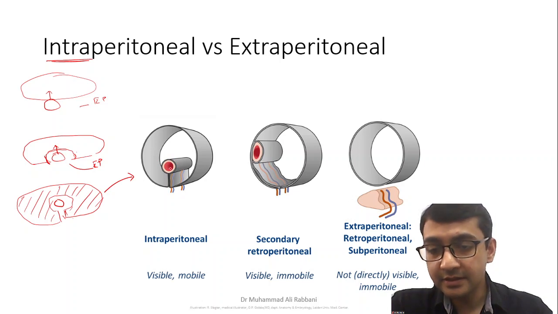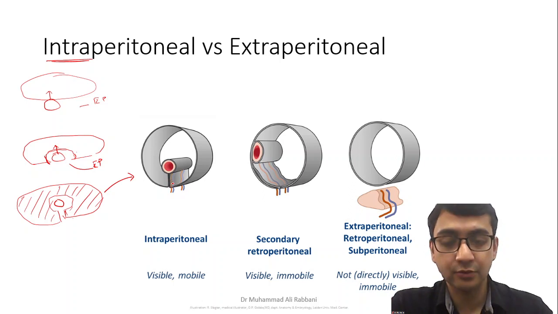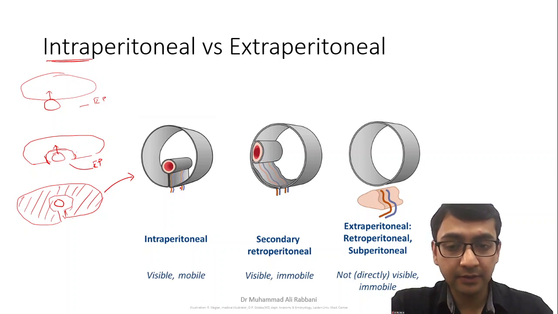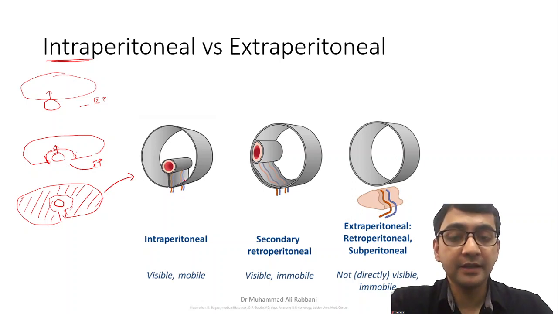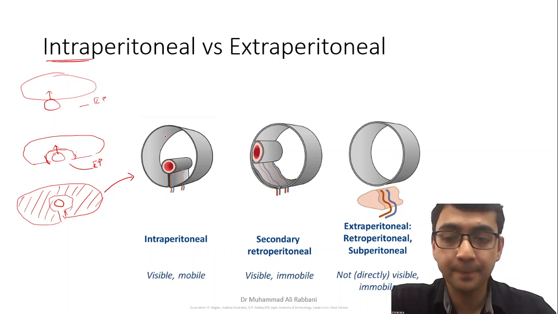This visceral layer surrounding the organ is continuous with the peritoneum of the back wall through a connection known as mesentery. Mesentery is always double layered, and it gives a pathway for the blood vessels, lymphatics, and nerves to reach the gut. This is the concept of an intraperitoneal organ.